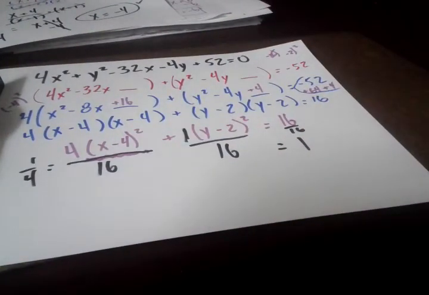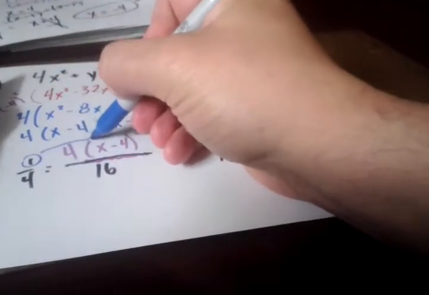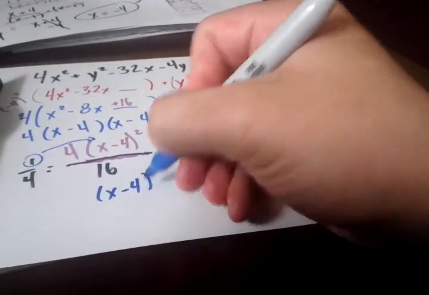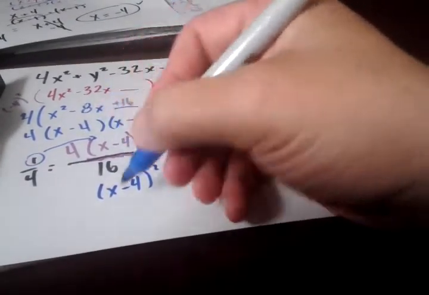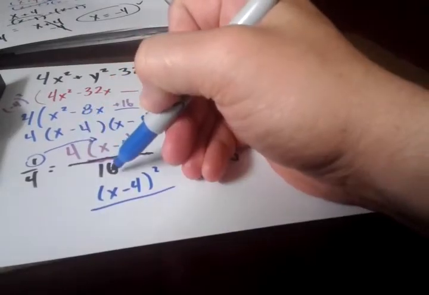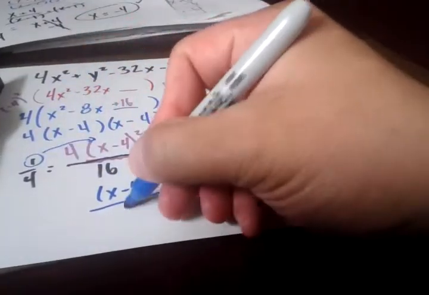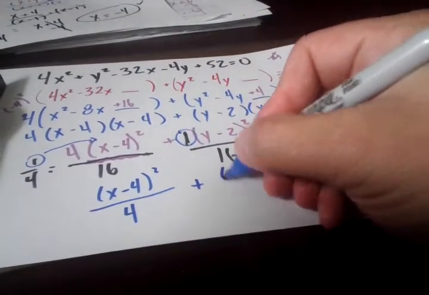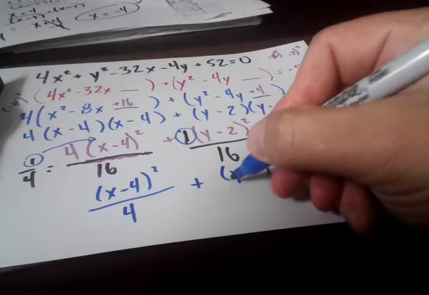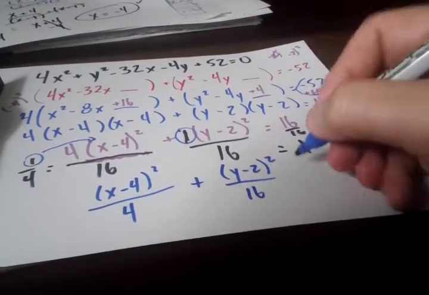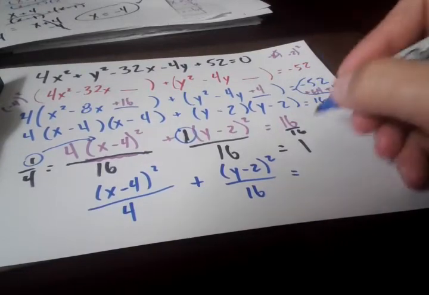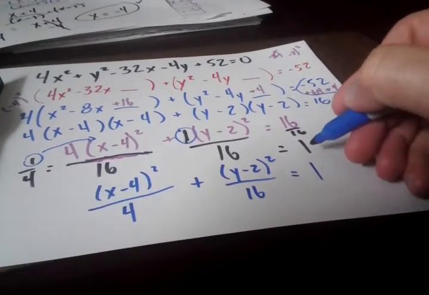Okay? So we're very close to putting it in standard form. Do I need a 1 times this binomial? The answer is no. So I should have an x minus 4 squared over 4, since 4 over 16 reduced to 4 on the bottom, plus, I don't need that one either, I'll write this as y minus 2 squared over 16. And then this is also equal to 1, right? 16 divided by 16 was 1.